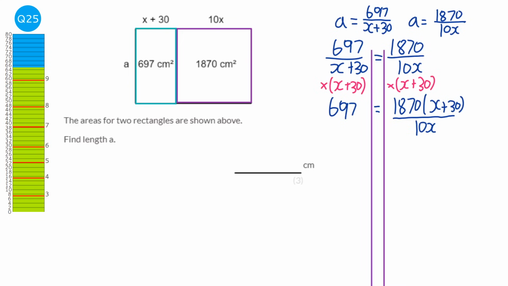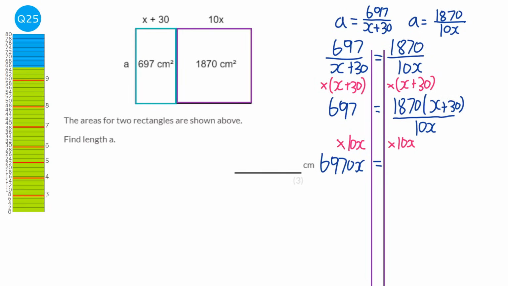Same thing again, but I'm going to get rid of the denominator on the right hand side, so I'm going to times both sides by 10x. So we've got 697 times 10, which would be 6,970x, because it's 10x. It won't actually do anything to the right hand side, but I'm going to expand the numerator.